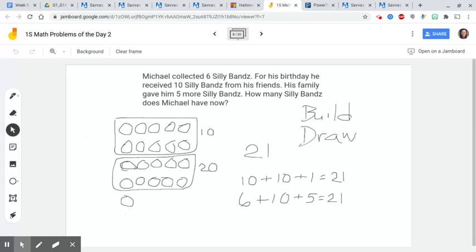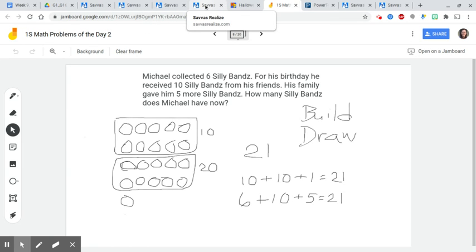So there's a lot of different ways that we can figure this out. So try to figure it out. You may have counted by ones and numbered each of the silly bands and counted them that way. You may have grouped them by 5s or by 10s and found a different way to group them. Lots of different ways to figure it out. So see what you do, and we'll talk about some different strategies as we move along.